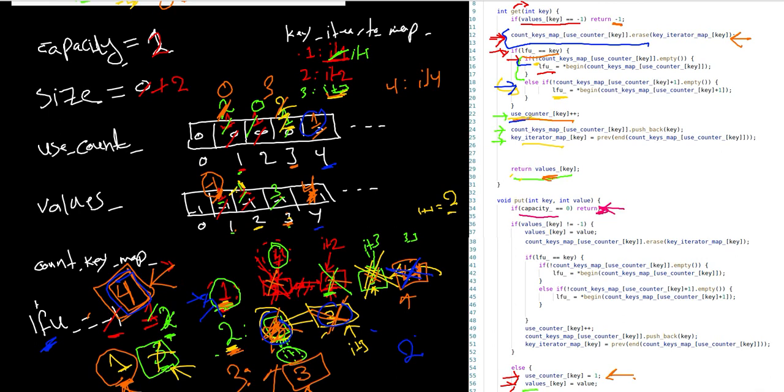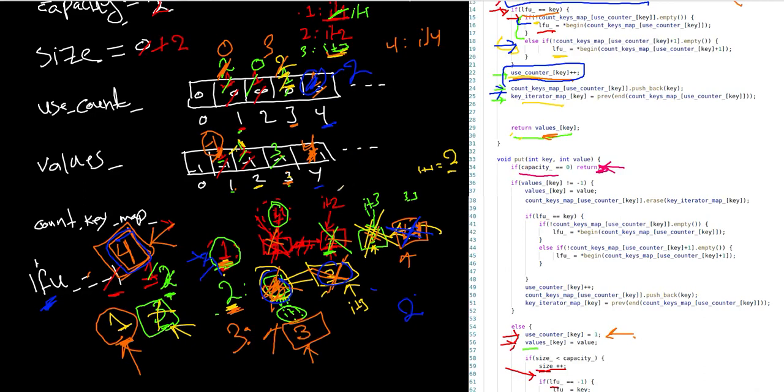So we update the counter, use counter of the key by 1, so 4, this one becomes 2, and we need to assign it to the dictionary. So here for the count 2, we have the new node 4.